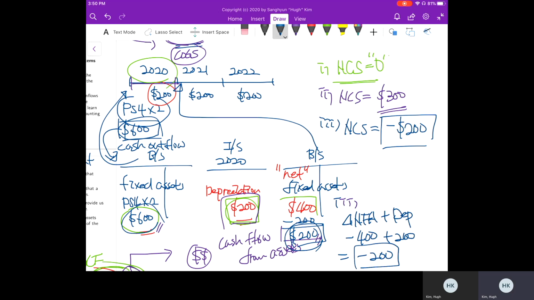So in a growing company, net capital spending is usually positive. But it can also be negative if the firm decides to sell some of its fixed assets.